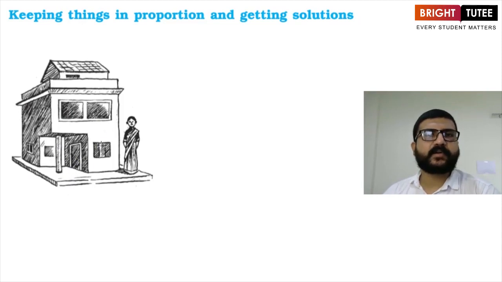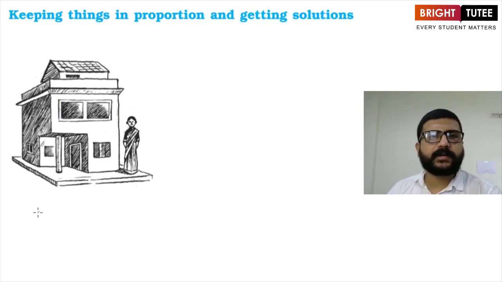Whenever such drawings are made, if we keep the ratio of actual height equal to the ratio in the drawing, then it seems good. But see here, what ratio should be equal?